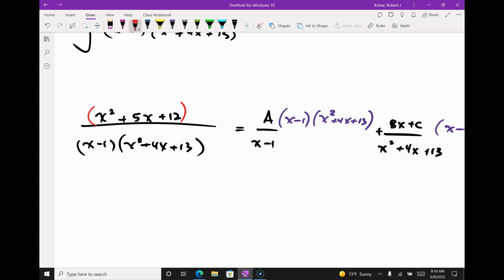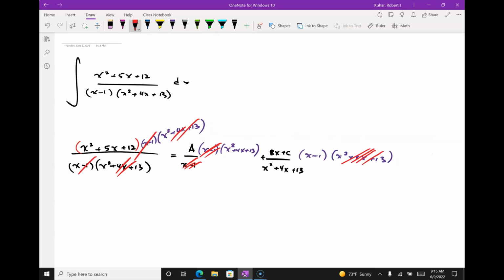Oh, I got to multiply it over here too, right? So I know a whole bunch of things go away. And again, I'm trying to do baby steps. So then I'm trying to rewrite. LCD, yep, that factored denominator.